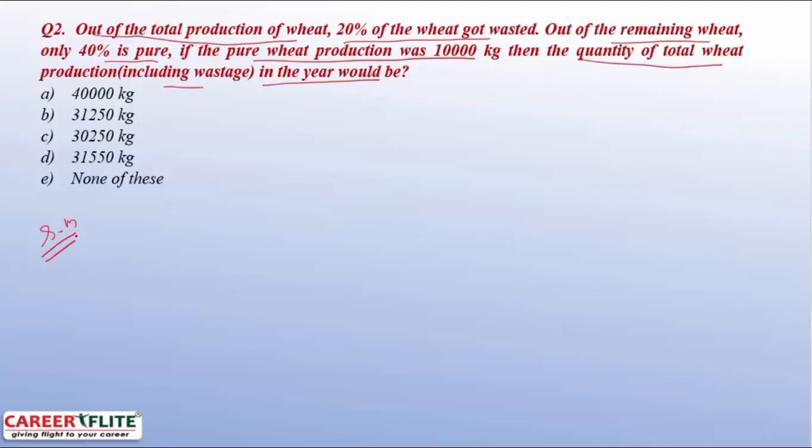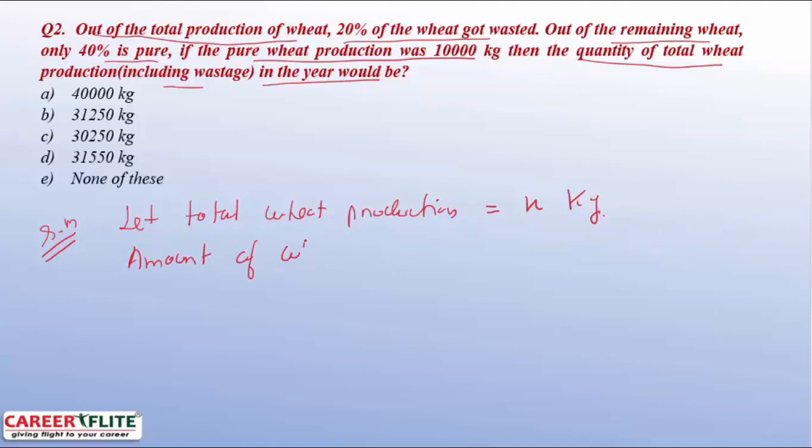So let us take the total production of wheat to be x kg. Now, what will be the amount of wheat wastage? The amount of wheat wastage is 20% of x, that is 20 by 100 x, that is x by 5.